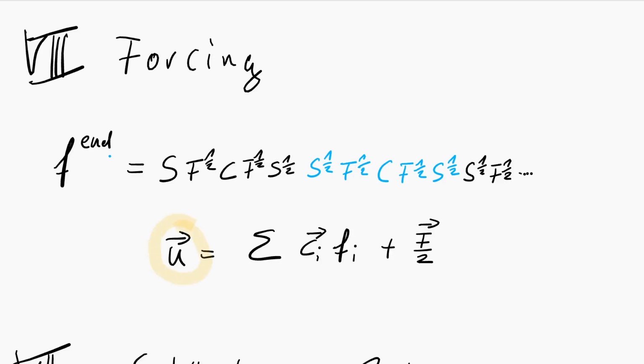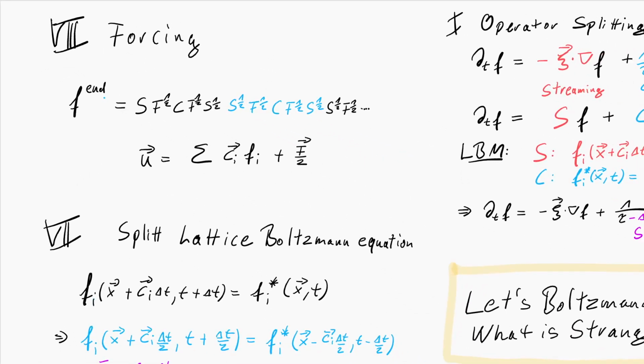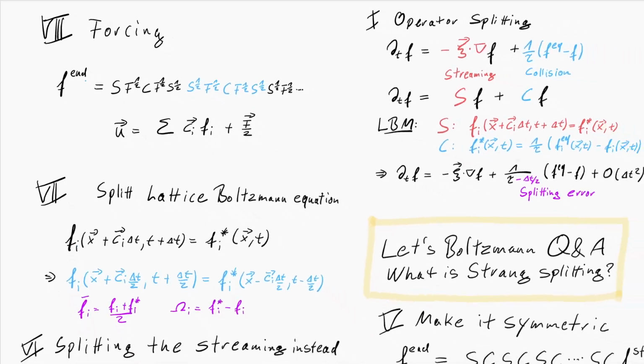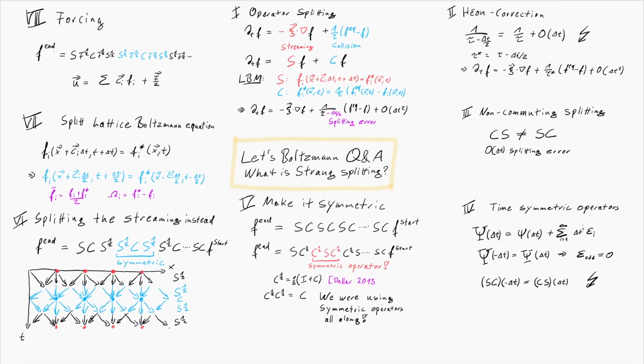So the velocity at a lattice position will usually be the sum over the lattice velocities times the distribution functions plus 1/2 of the forcing. This comes directly out of Strang splitting. So you either make a very complicated Taylor expansion to find that this is the case, or you know already that you are using Strang splitting, and then it becomes very clear that this is the case.